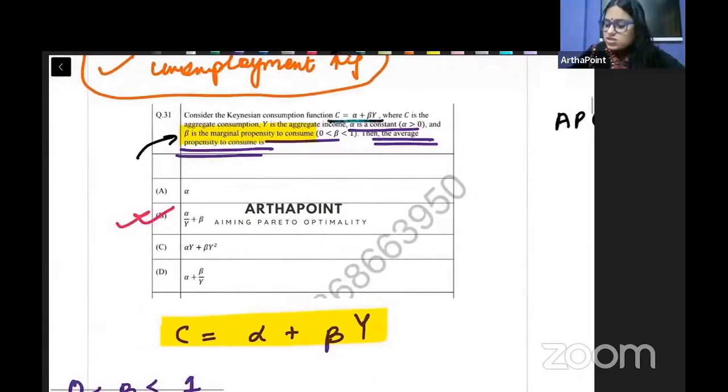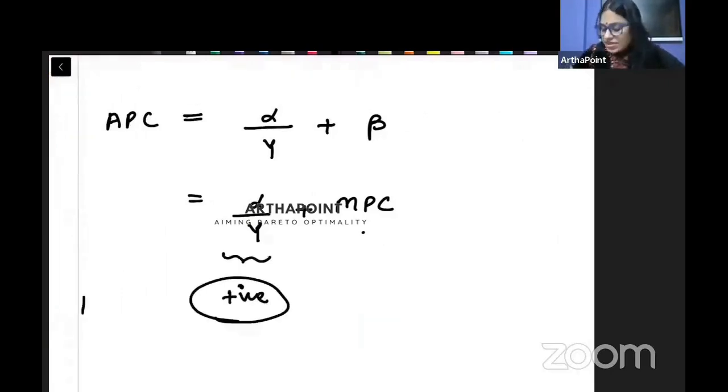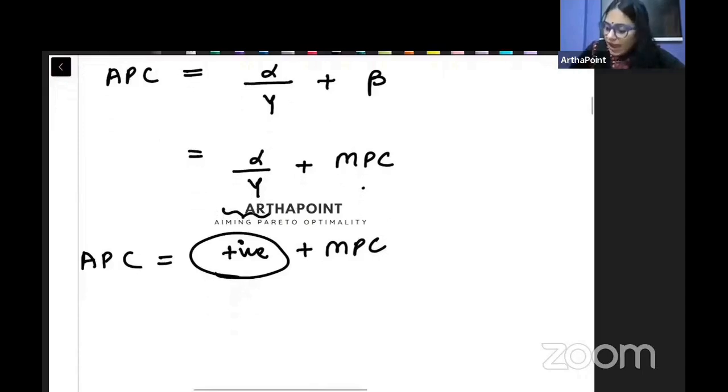Alpha is positive, output is also positive. तो ये हमारा कोई एक positive number रहा होगा. This would be positive. So I can say APC is MPC plus something. जब आप MPC में कुछ नंबर को add करते हो, then you get APC.